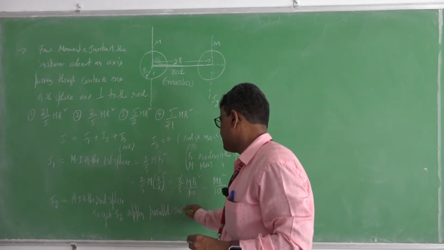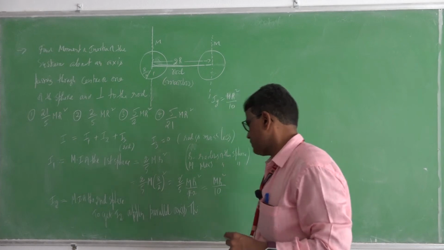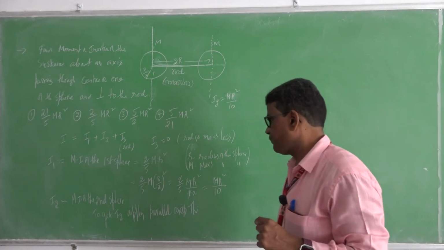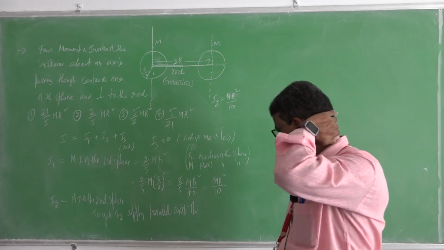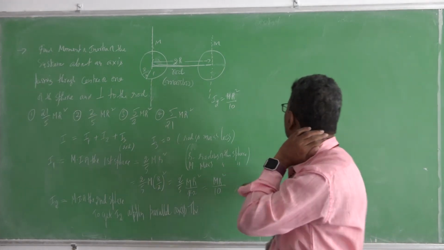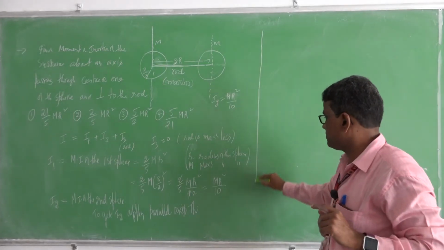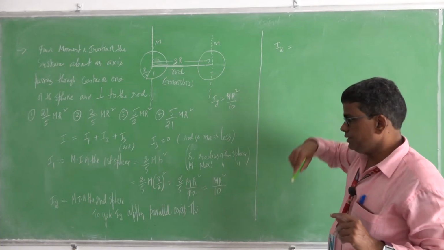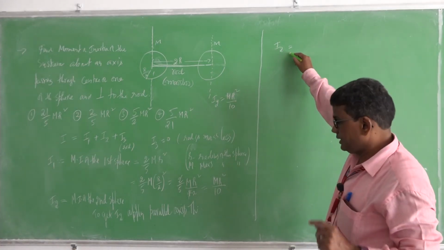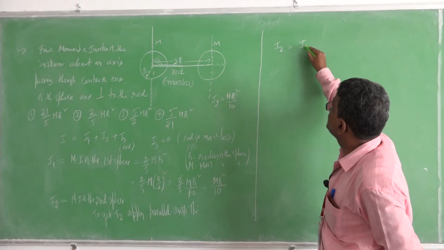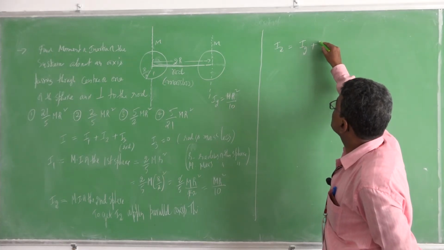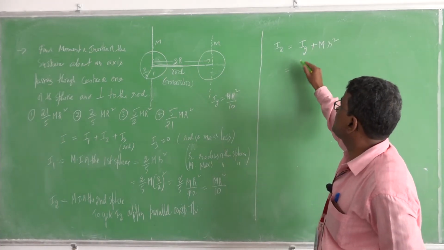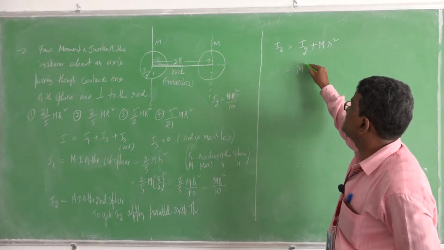Parallel axis theorem. So to get I2, I will write the steps here. I2 is equal to Ig plus m r square, by the parallel axis theorem. What is Ig? m r square by 10.